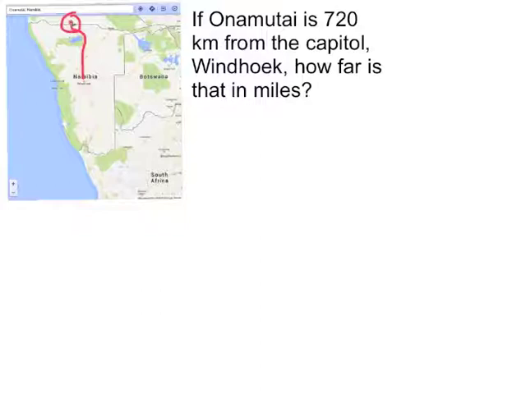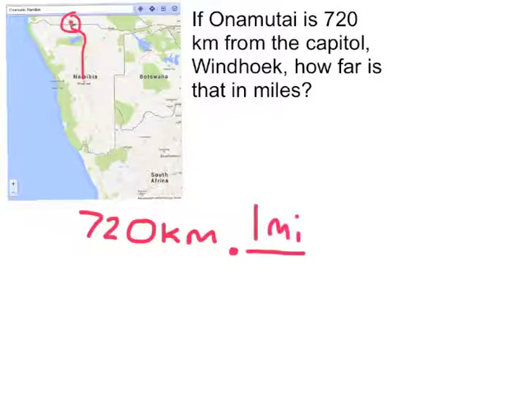So I'm going to write down 720 kilometers, and I'm going to use a conversion factor. So I'm going to multiply that times a conversion factor, which is a ratio. And this is from the information we just saw, that 1 mile is equal to 1 61/100 kilometers.